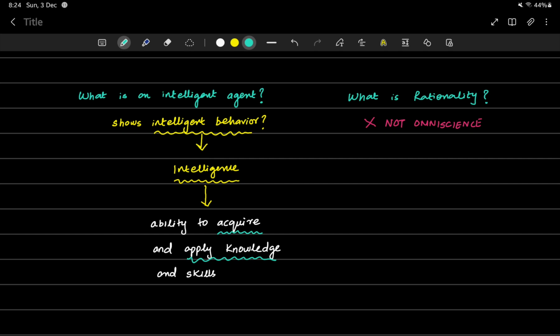Another keyword that you need to know is rationality. Maybe you have heard somebody saying that you are being irrational or your argument is irrational. So basically, what is rationality? What is irrationality? And why does it matter in this case? It has a huge connection, and I'll come to that point.